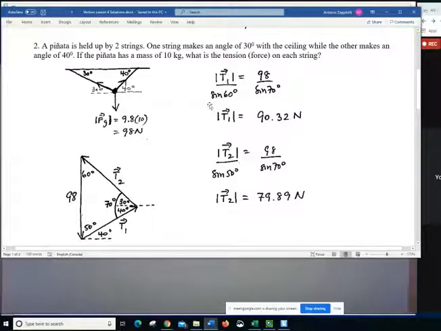And here I can go ahead and use the sine law without any worries, because I'm working with two angles and one side, and there's no ambiguity there. The only thing I'd maybe bring up here is you notice how I use the 98 in both cases. I don't use the 90.32 to calculate the next one.